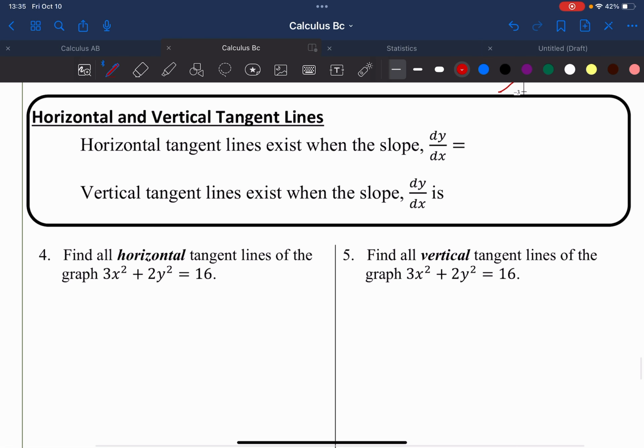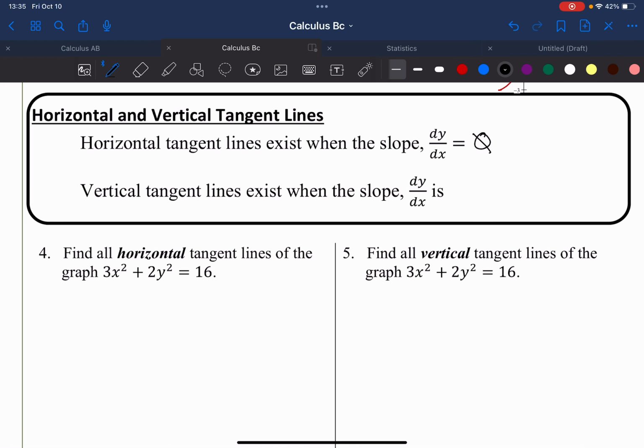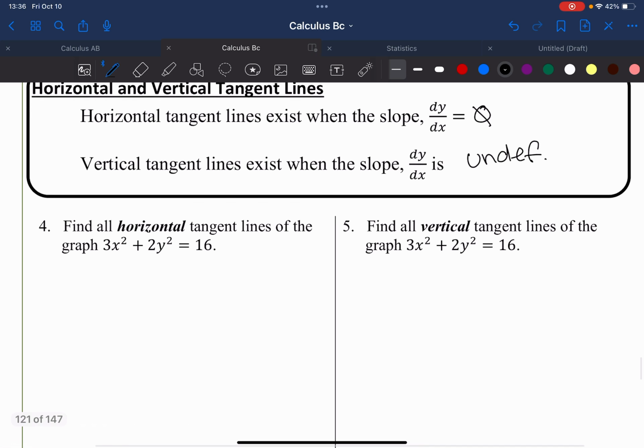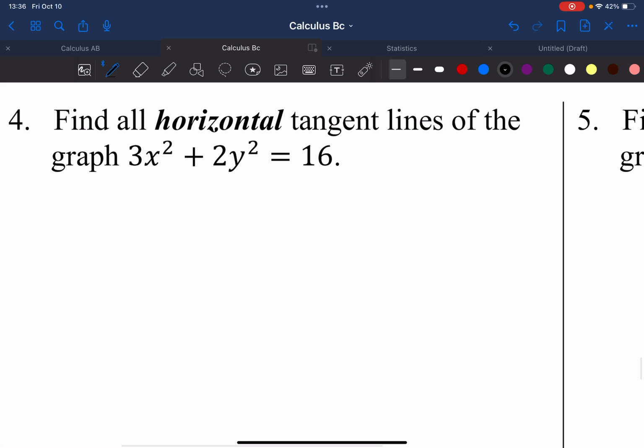Okay. Next it says horizontal tangent lines exist when the slope dy/dx is equal to 0. So if we have a horizontal line, we know the slope of that line is 0. But if we have a vertical line, we know the slope of that is undefined. Number 4 says find all horizontal tangent lines of the graph 3x squared plus 2y squared equals 16.